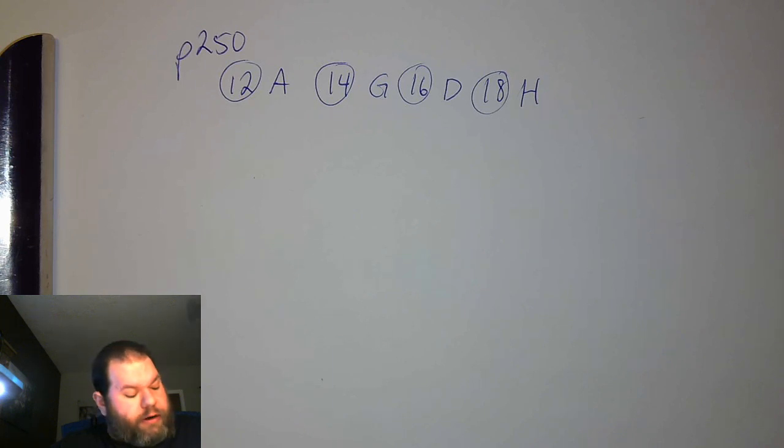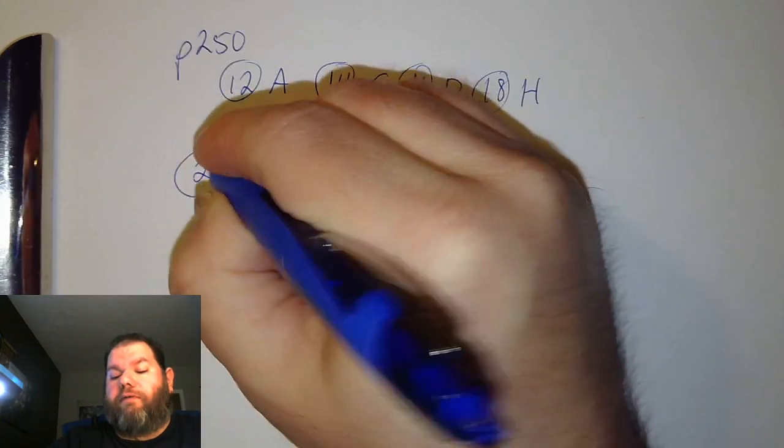I should have assigned 11 through 18, and then 27 and 29. Did I mess it up? And 29 on page 250.